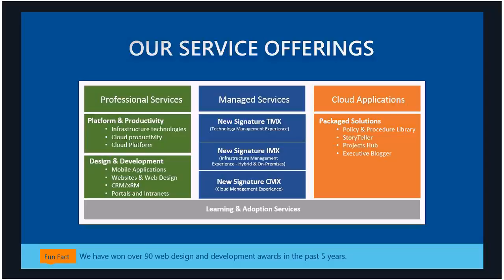So think of that as our 24/7 operations, our NOC, monitoring, managing, mitigating risks, and dealing with remediation and advanced administration items. And our cloud applications are built on packaged SaaS offerings that we've developed on top of the Azure Cloud Platform and productivity technologies.